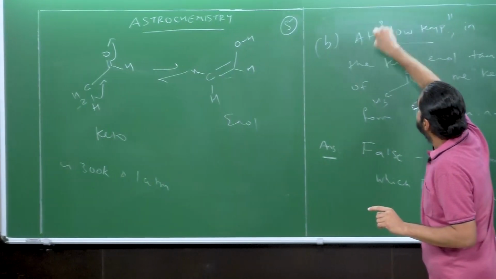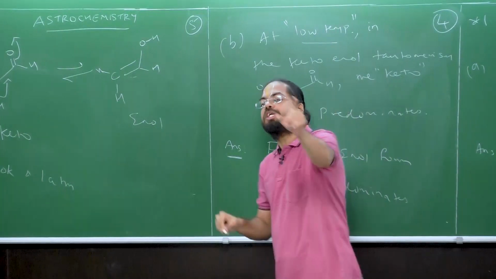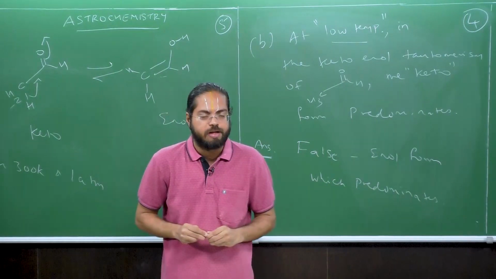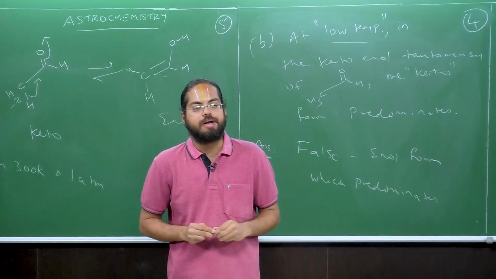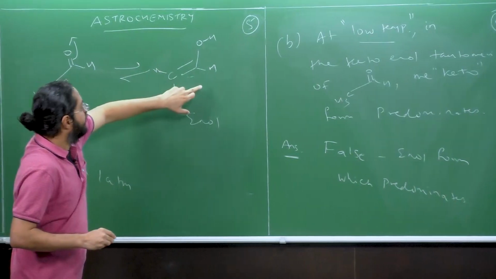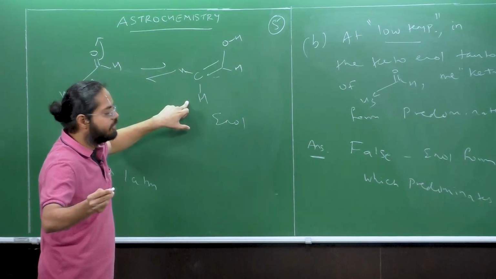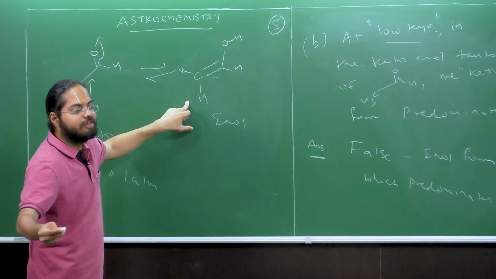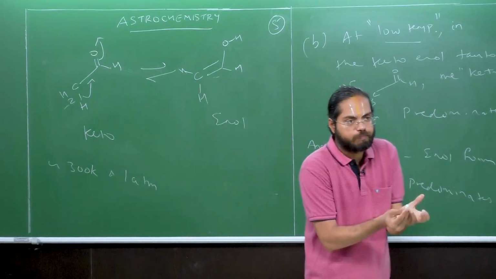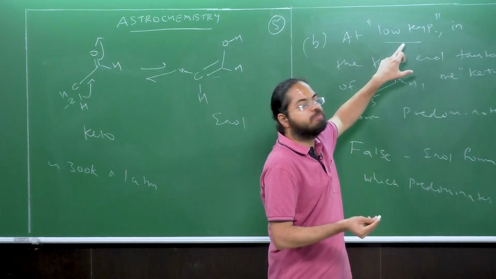At low temperature, especially if we consider space-type conditions such as molecular clouds, at low temperature and very low pressures, even this entity could be stabilized. And what is the reason? The reason is that the overall kinetic energy of the molecule is going to be so low because the temperature is very low.